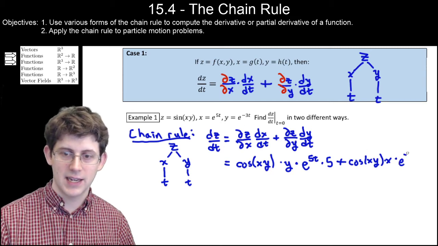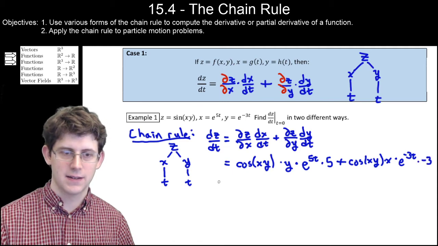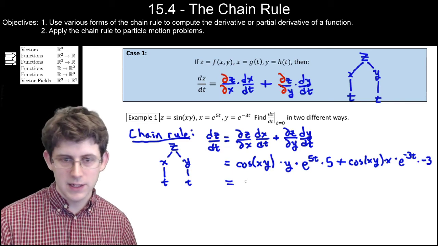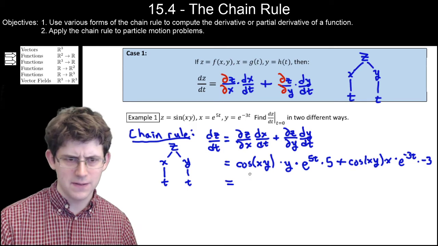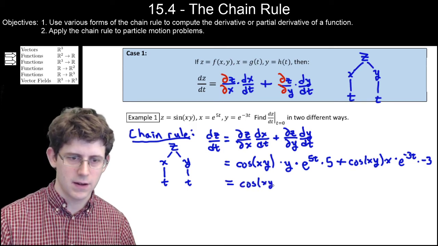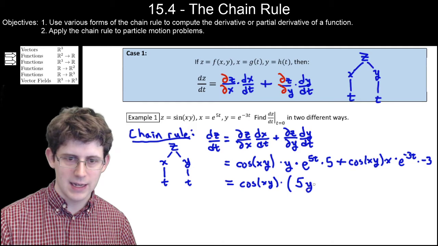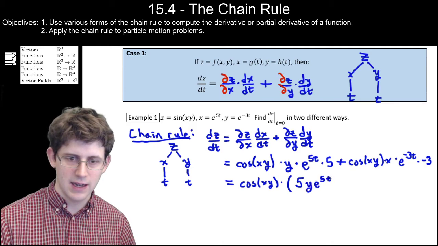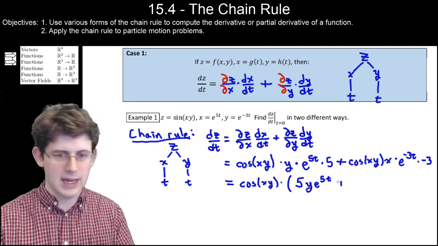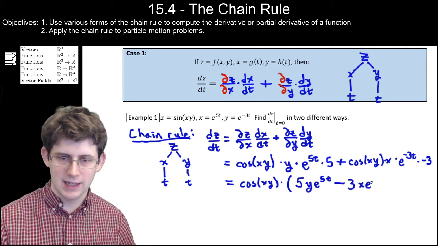The derivative of an exponential is itself times the derivative of the inside function. So in total, what do I have? It looks like I have a cosine xy that I can factor out. And then the first term is going to have 5y e to the 5t. And the second term has a negative 3x e to the minus 3t.